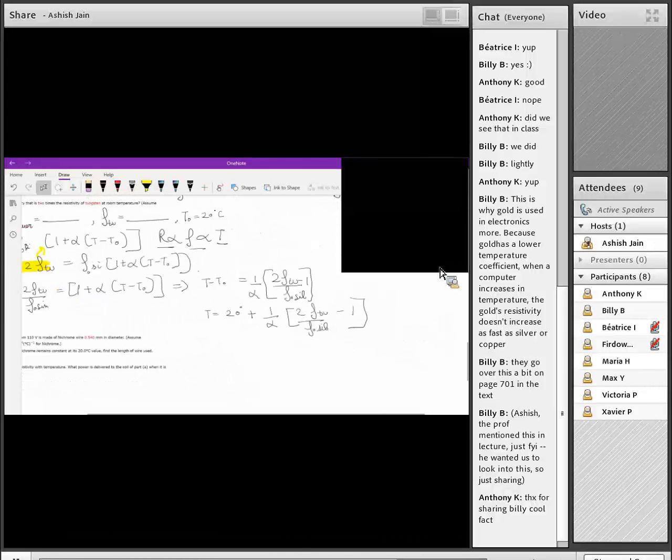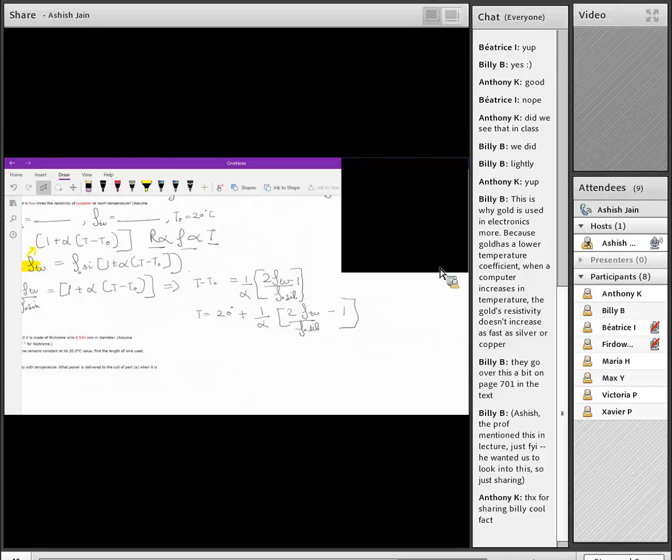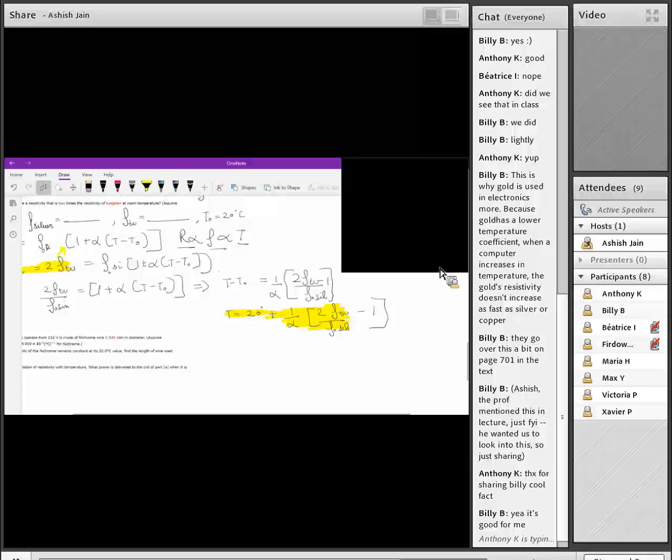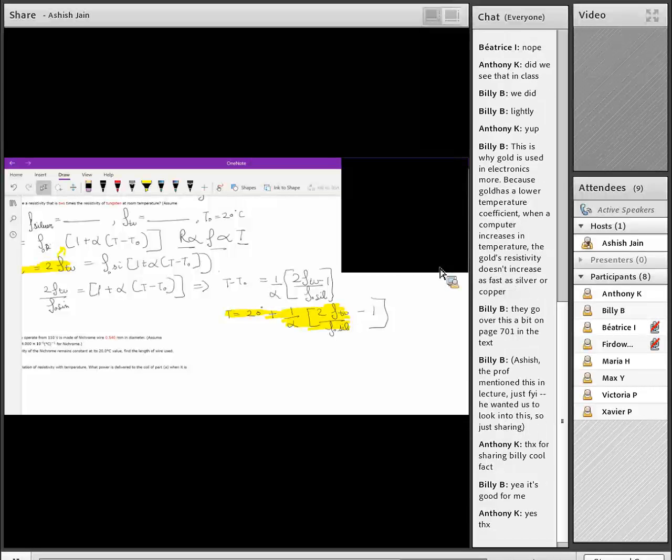Let's say that temperature is T. Using the above equation, I'm substituting that and solving for T. That's what I get in the end for T. Is it okay? You guys get it?